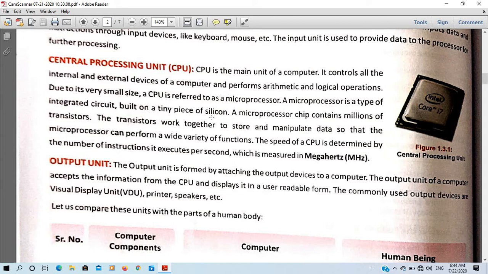So that is an integrated piece of silicon, and there the processor has been set in your computer.